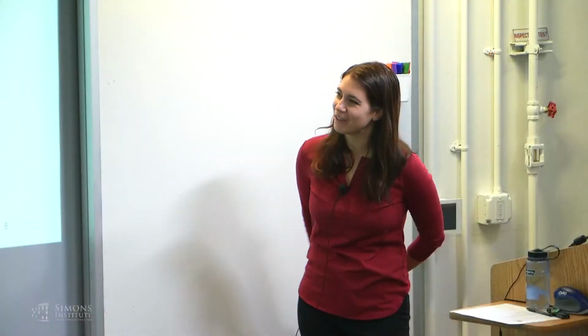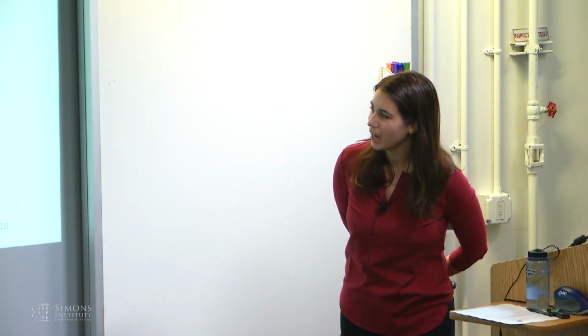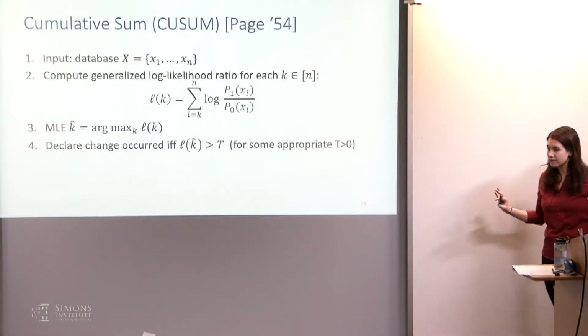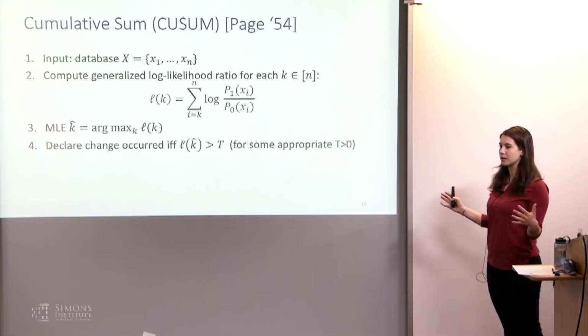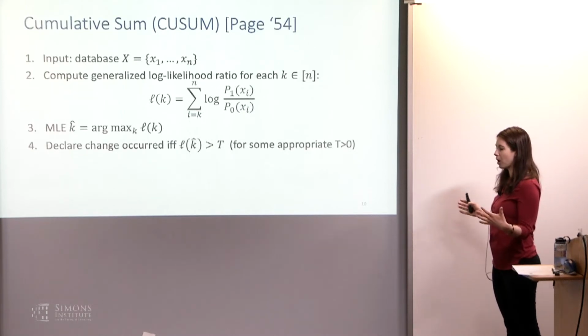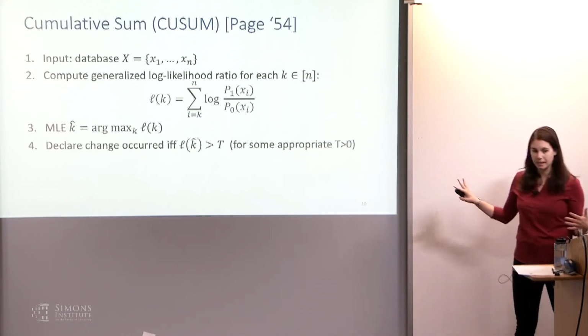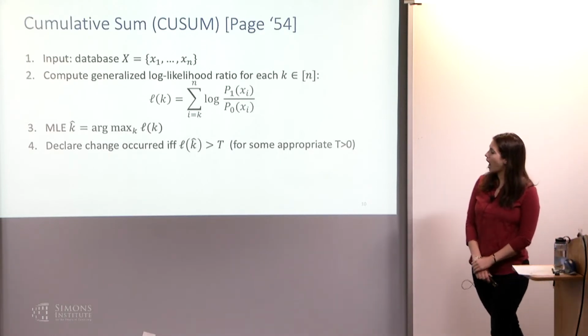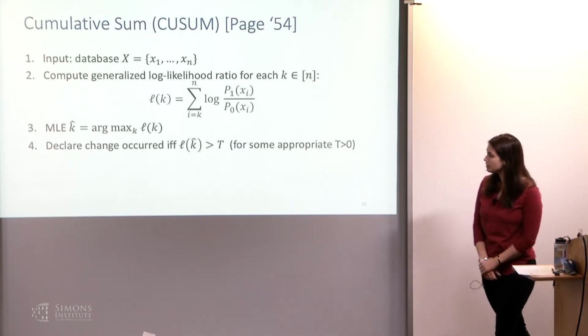Okay, so let's talk first about the offline case. Before we talk about privacy, this is actually a very well studied problem in statistics, and they use the cumulative sum algorithm that came from back in the 50s.